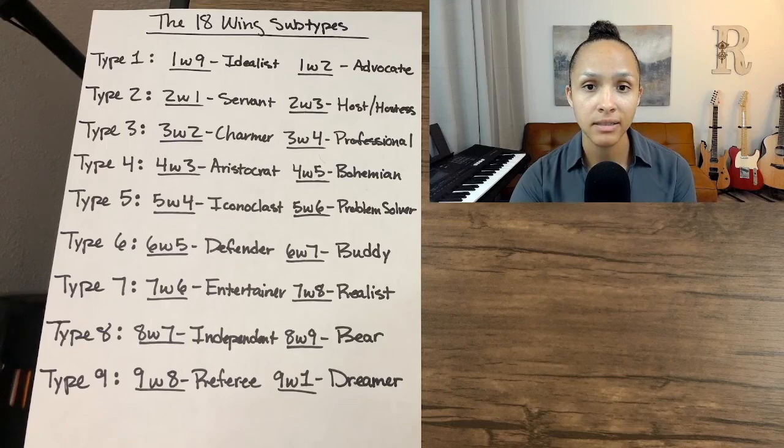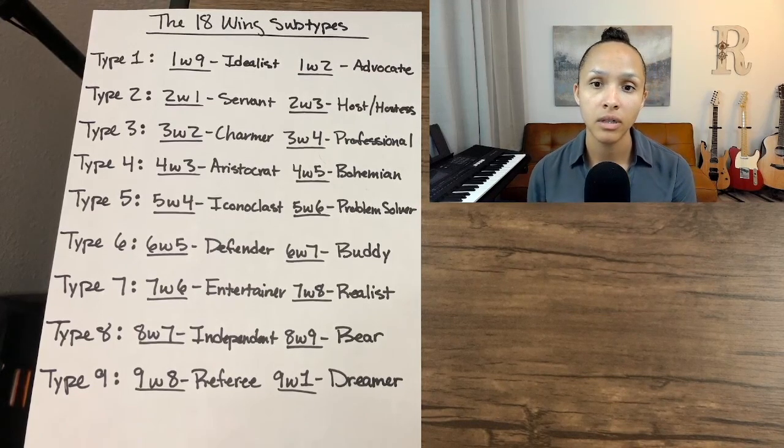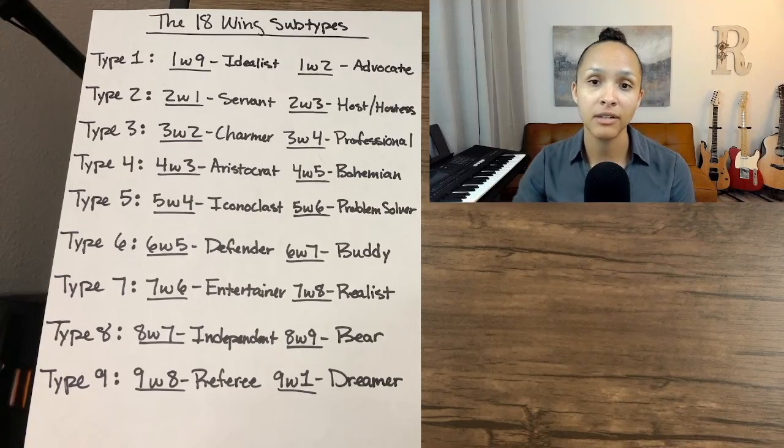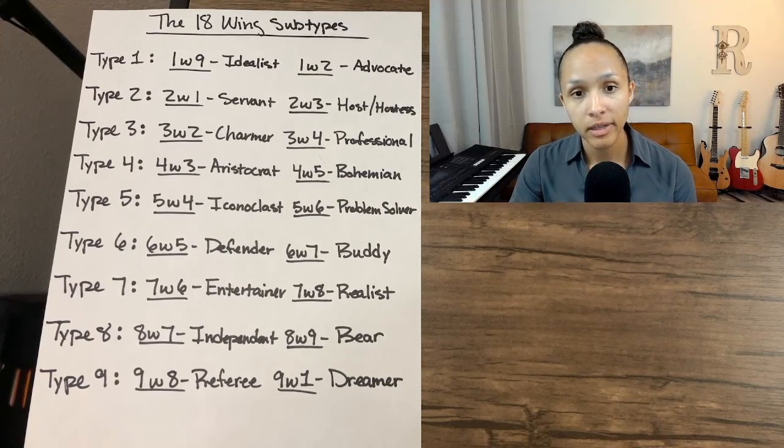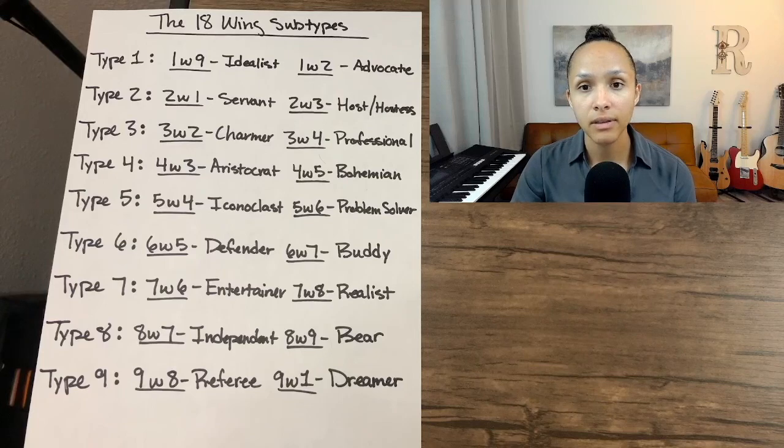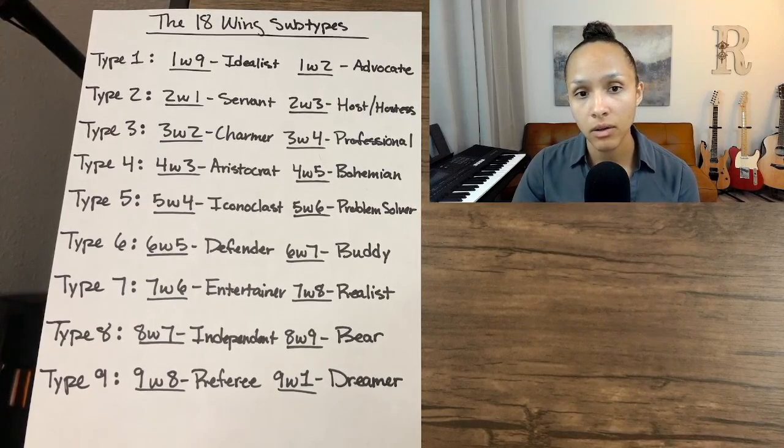I'm not willing to allow myself to be taken advantage of. And then the 7 is take care of myself, sort of. It goes with the independence. You think about it, the 8-wing 7 is the most independent type on the Enneagram.